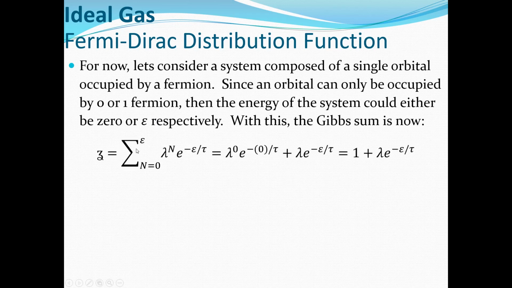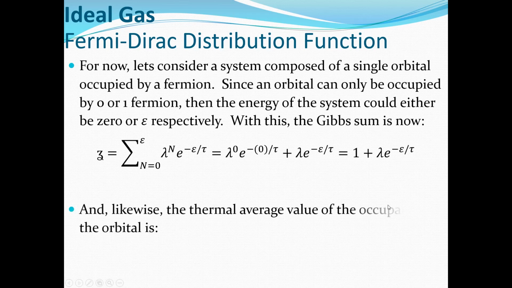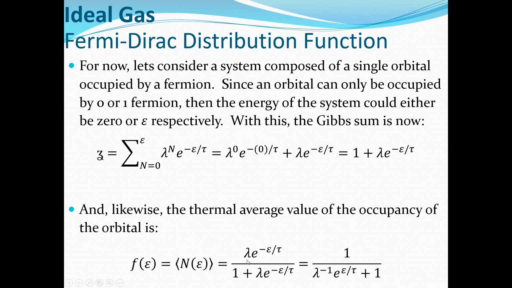If it's occupied by one, then it's got whatever the base energy is for that orbital. So that means our Gibbs sum, the grand partition function, when we write that out, will look something like this. This term represents no fermion, and this term represents one fermion. Then from here, we can find what the average number of particles is by taking the fact that we can have one particle and dividing it by the Gibbs sum.